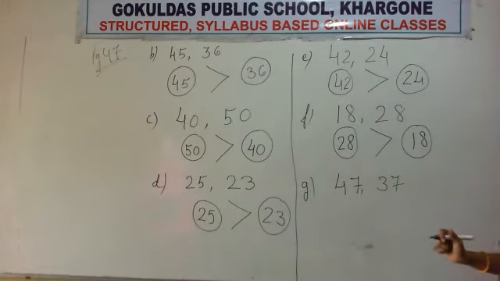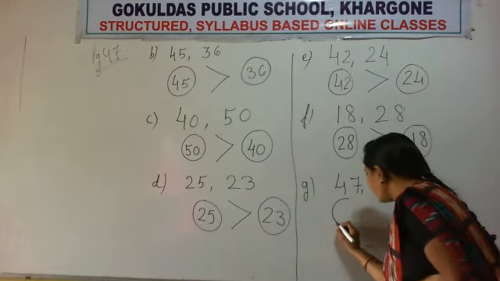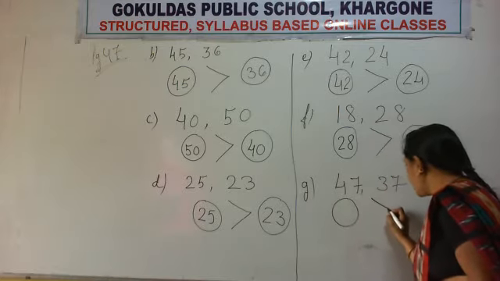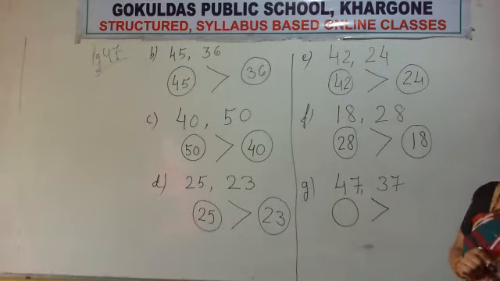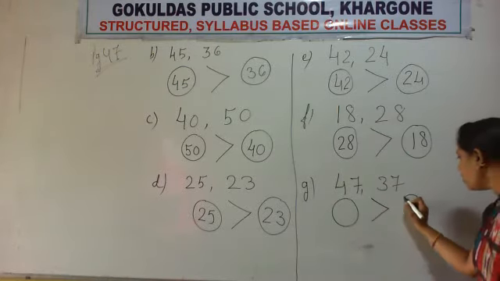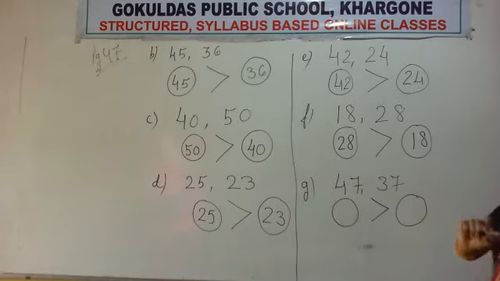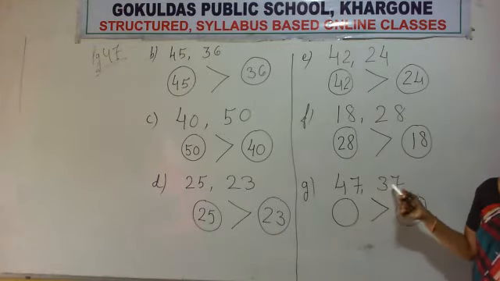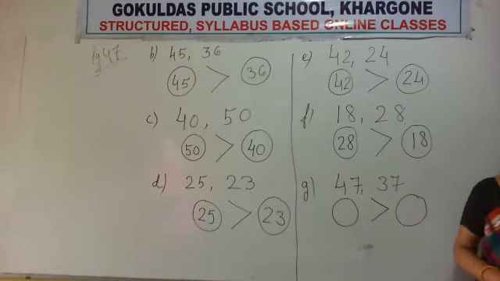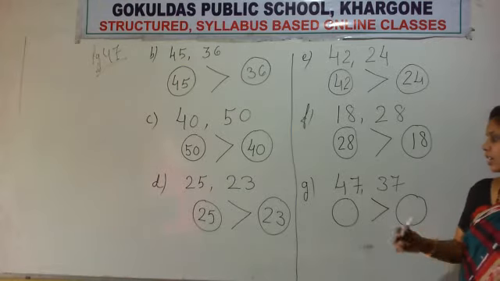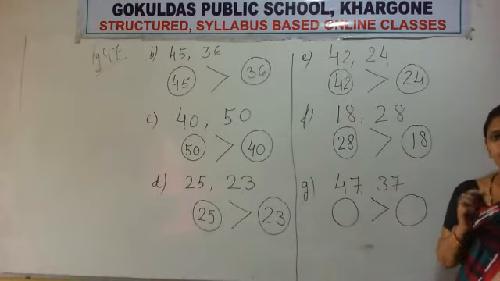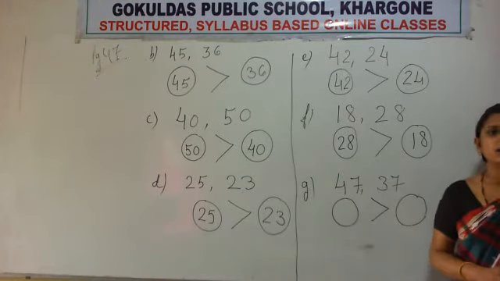Now draw a circle, then make a symbol of greater than, then draw another circle. So what are the numbers given? 47 and 37.